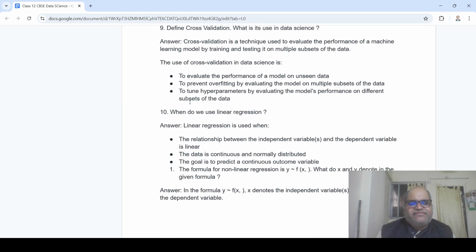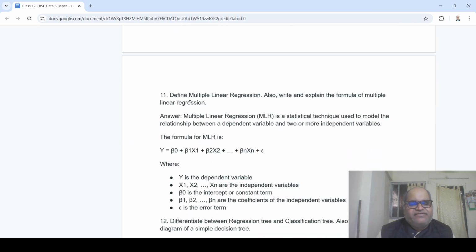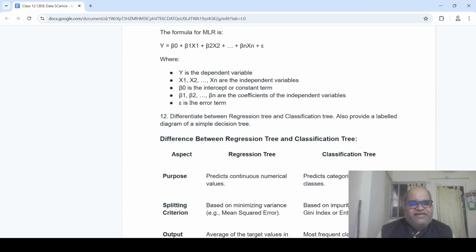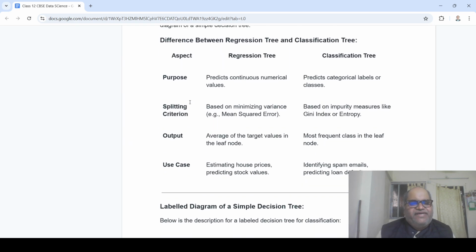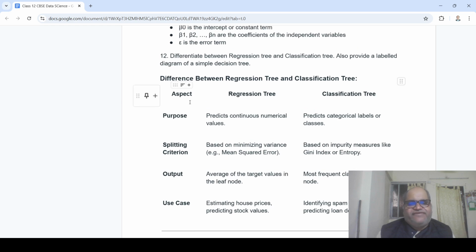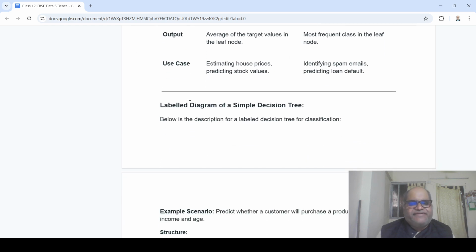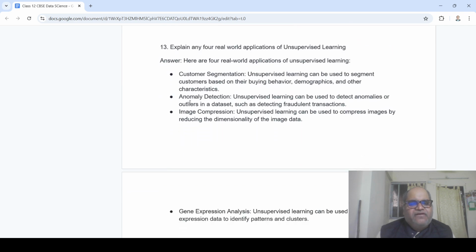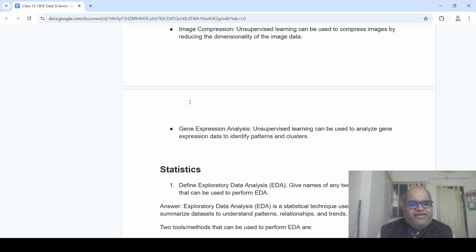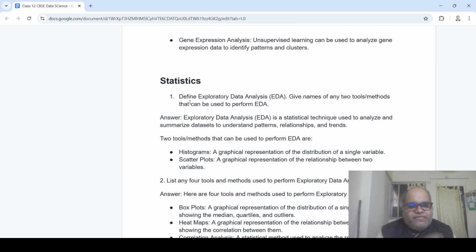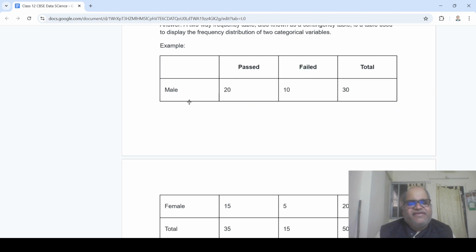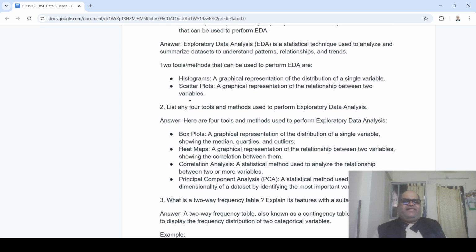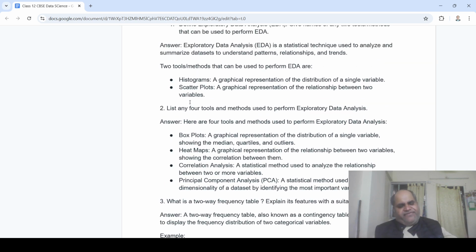Cross validation, when to use linear regression, define. We have seen all of these, and we covered them earlier. Difference between regression and classification trees, labeled diagram, okay. We are repeating it again. PCA and other things we have seen. So that actually covers most of the questions that we have seen.